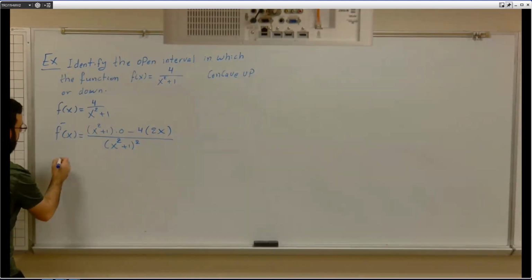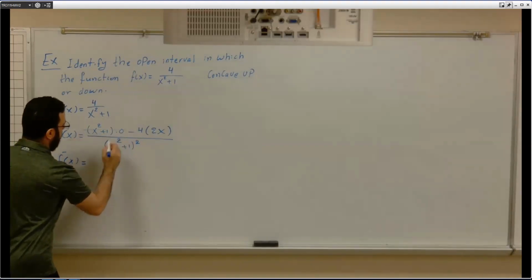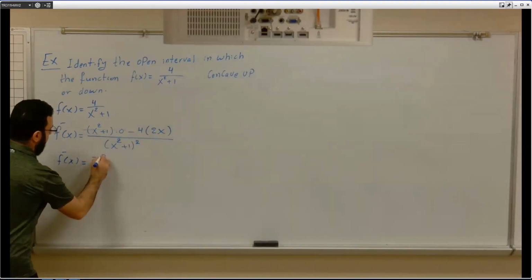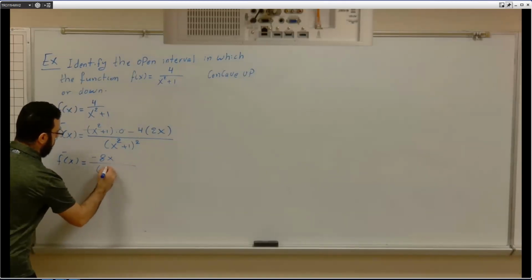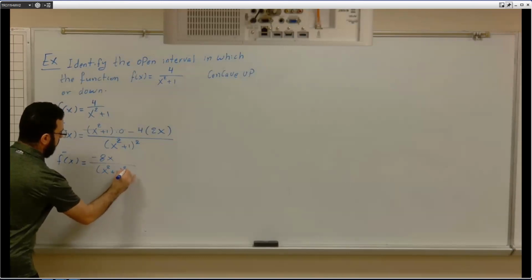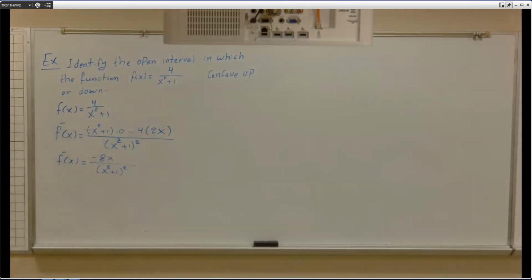That means f prime of x, this is 0, is going to be negative 8x over x squared plus 1 squared. This is the first derivative. I have to find the second derivative.